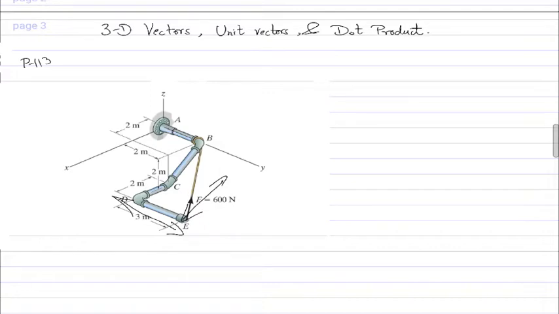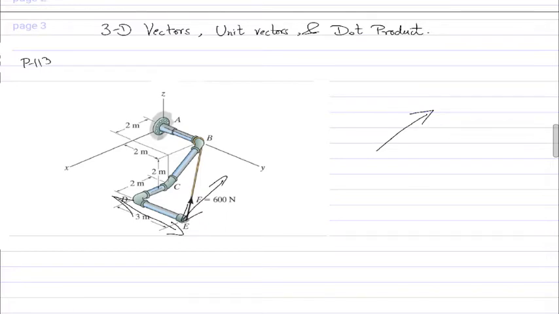But essentially, what they've asked for are two components of the force F in the direction of DE and the direction perpendicular to DE. So essentially, think about the force 600 newtons lying on this plane.